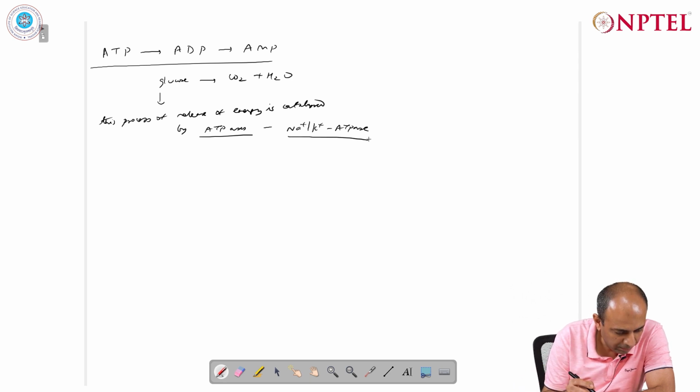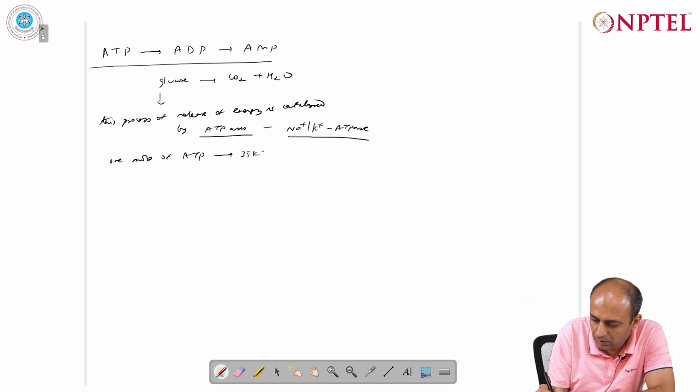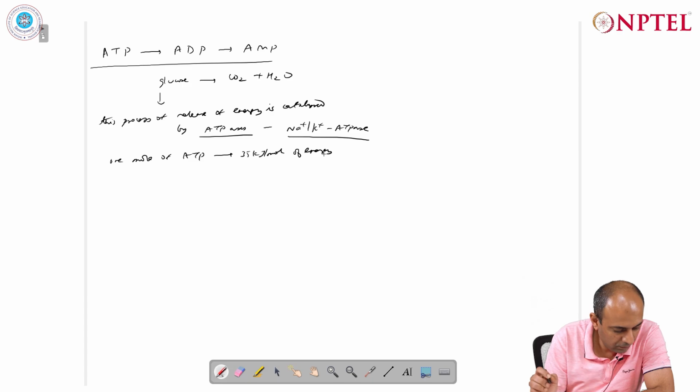Also, we need to keep in mind that 1 mole of ATP releases 35 kilojoules of energy.